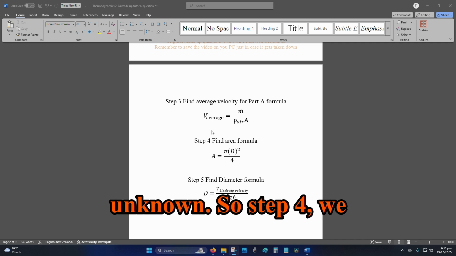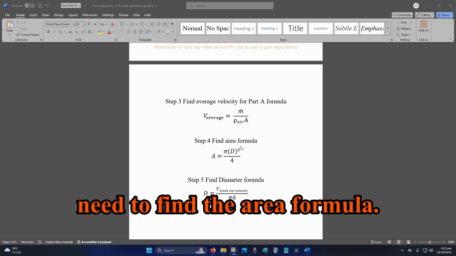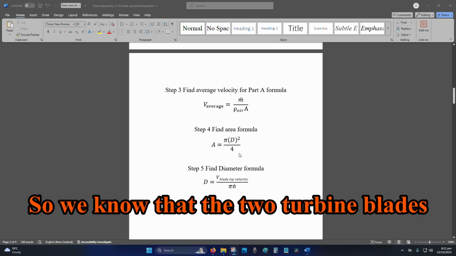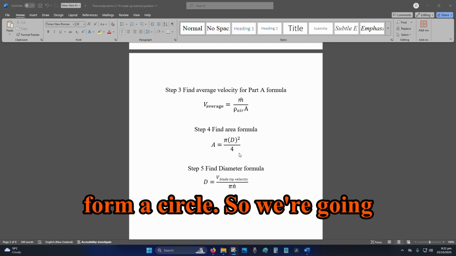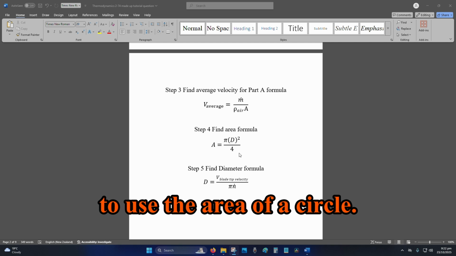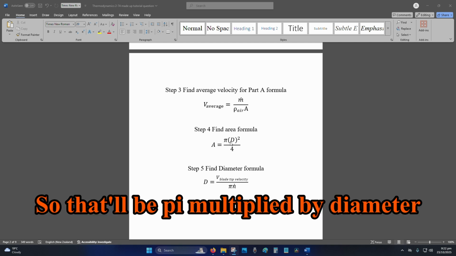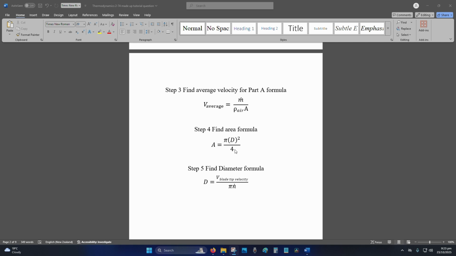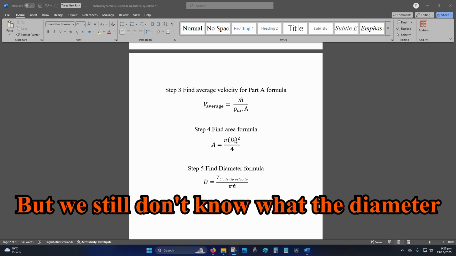The area is unknown, so step 4, we need to find the area formula. The two turbine blades form a circle, so we're going to use the area of a circle. That'll be pi multiplied by diameter squared divided by 4. But we still don't know what the diameter is.